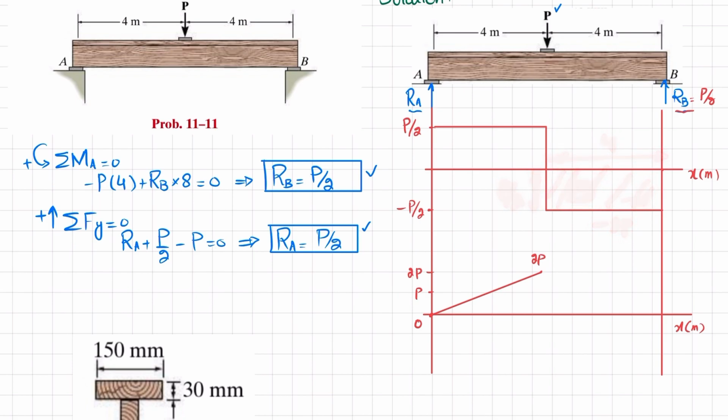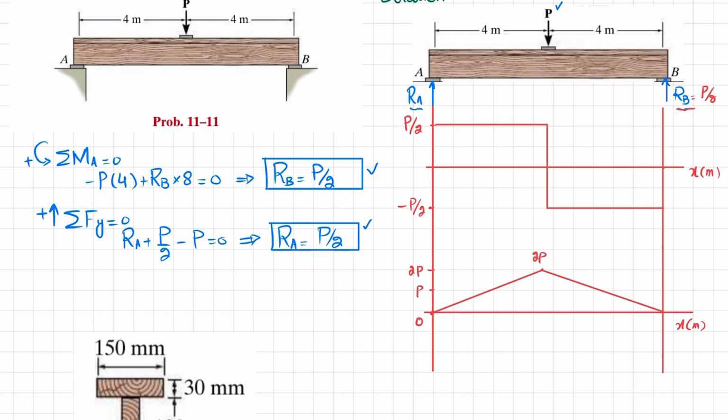When you multiply, it will give you minus 2P, and the slope will be downward. So plus 2P minus 2P will bring it to 0. So we will get a straight line, and the slope will be decreasing because you can see that this shear force or area is negative. So from here you will get the bending moment. So this is the bending moment, and this is your shear force diagram.